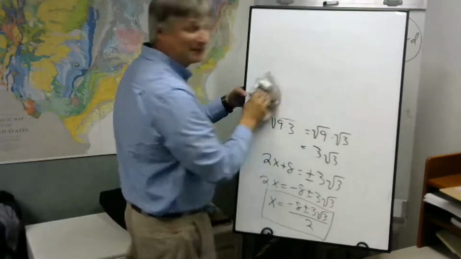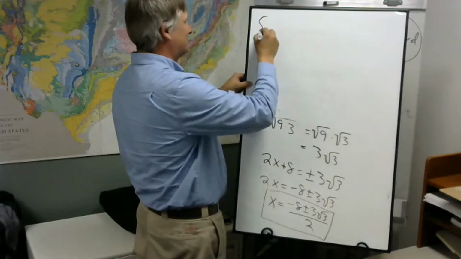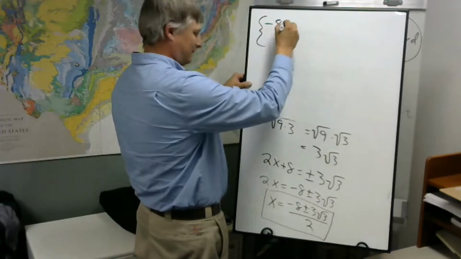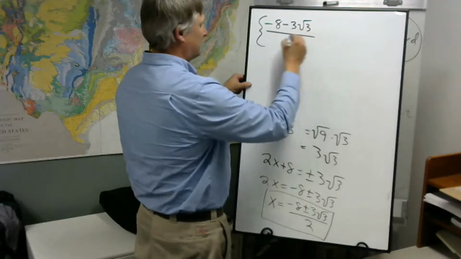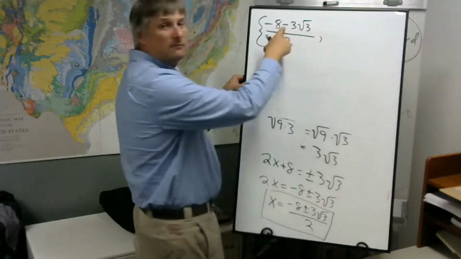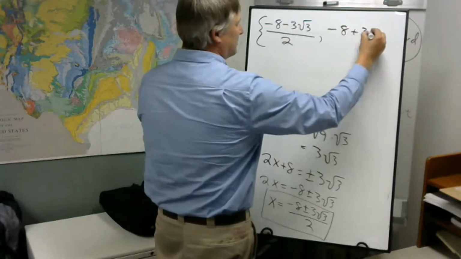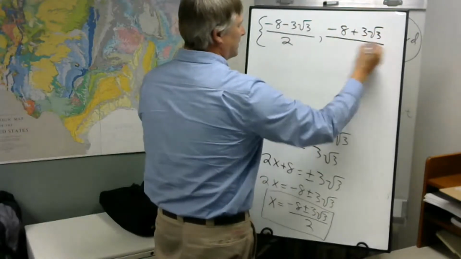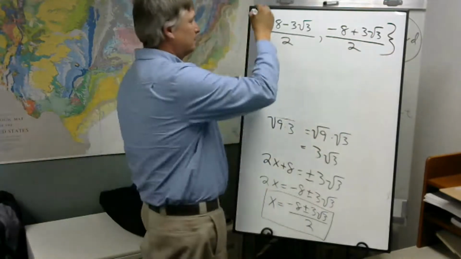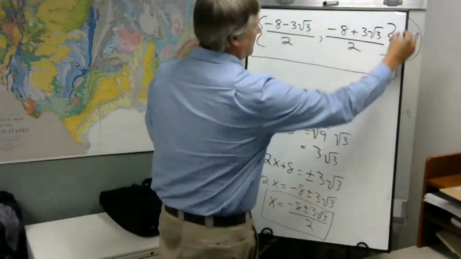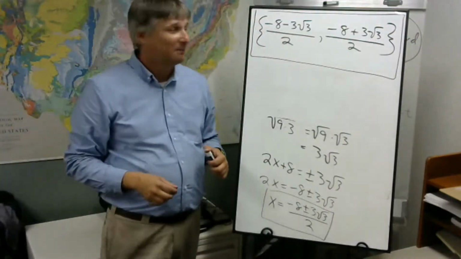Or if we write it as a set, there's the negative version or the minus version, and then the plus version. Again, everything divided by 2. And that's our answer.